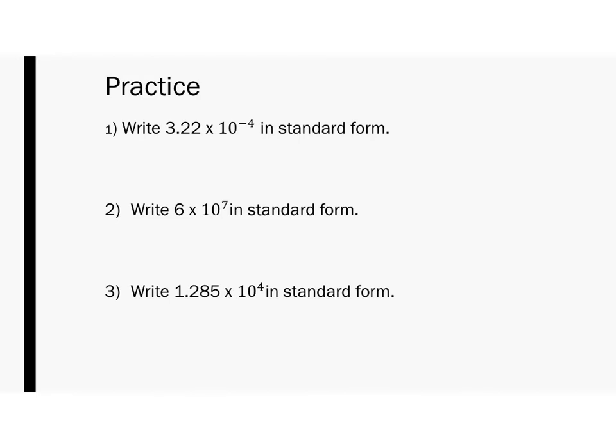So we're going to practice writing these numbers into standard form. Okay? So if I'm looking at it, it says write 3.22 times 10 to the negative 4th in standard form. The absolute value of negative 4 is 4. So we're going to move our decimal to the left 4 times.